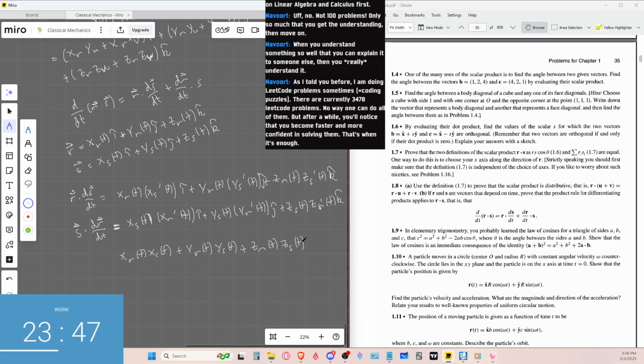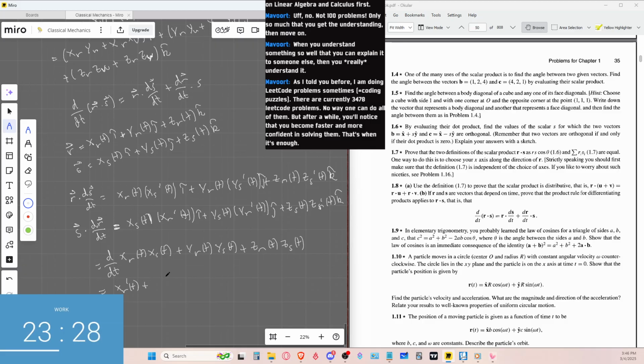And then we would have to take the derivative with respect to time of that. So then r of t, and this itself would be a product rule because it's between two functions.